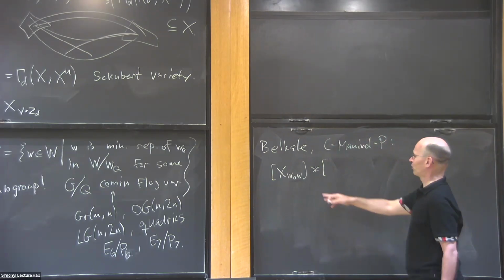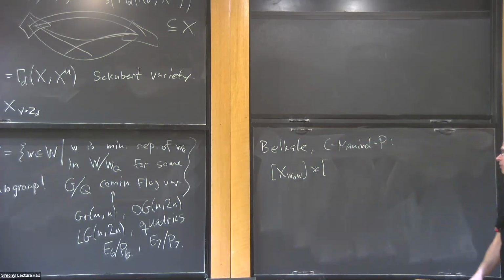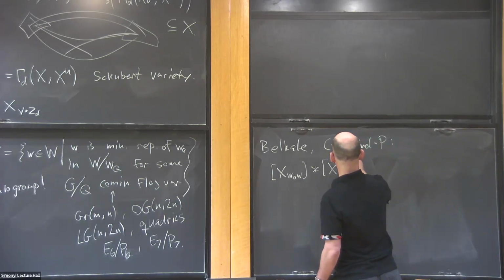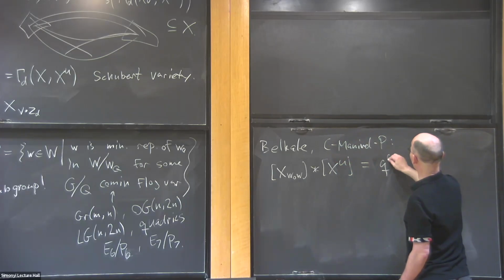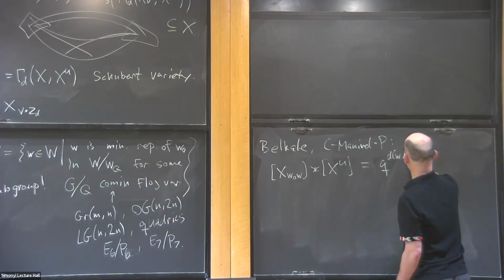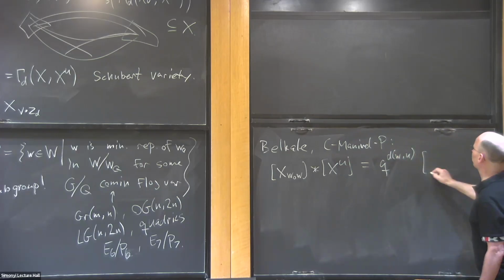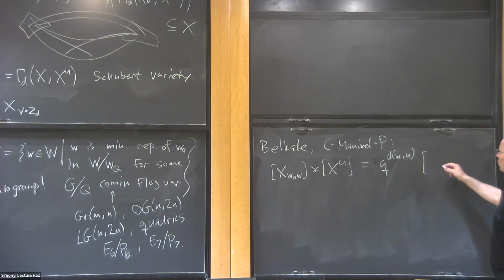But think of this as just multiplying the Schubert class for w with another Schubert class for u: you get one power of q, called d(w,u), times a single Schubert class. But it's not a B or B-minus stable Schubert class. You have to take the Schubert variety for wu and translate it by the inverse of w. And this holds in the equivariant quantum cohomology ring.